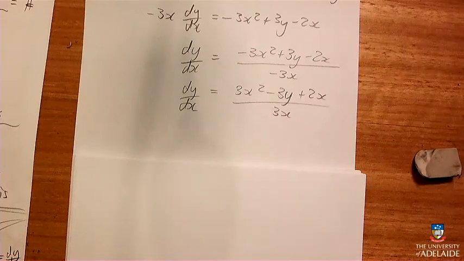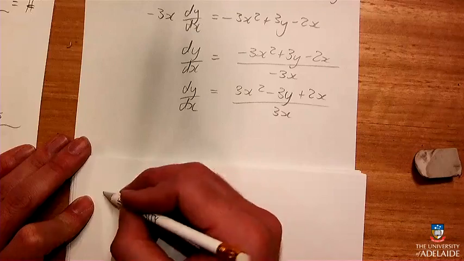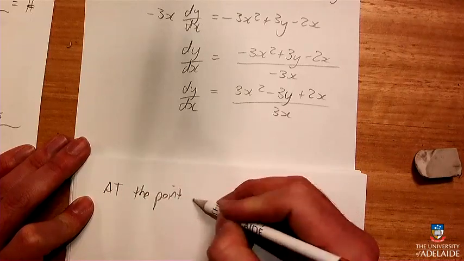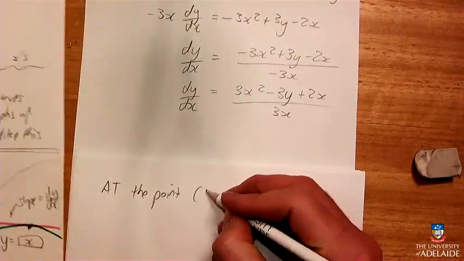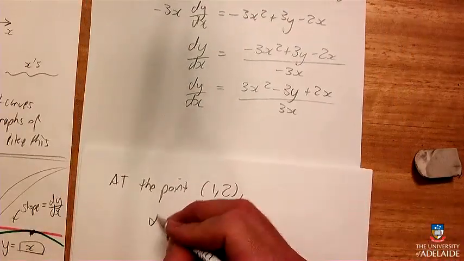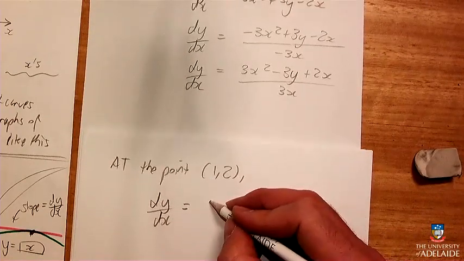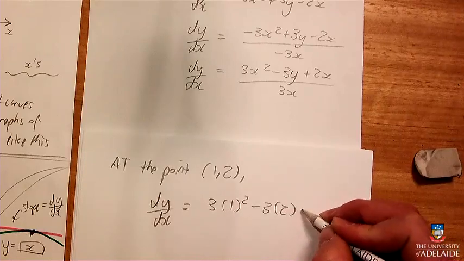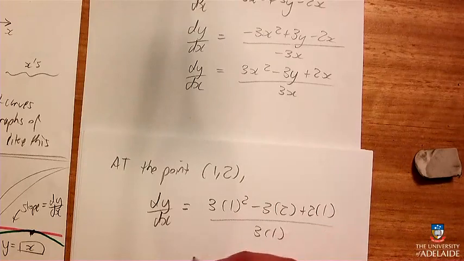Okay, and so I should get that at the point, what was it, 1, 2? dy on dx is 3 times 1 squared minus 3 times 2 plus 2 times 1 over 3 times 1.